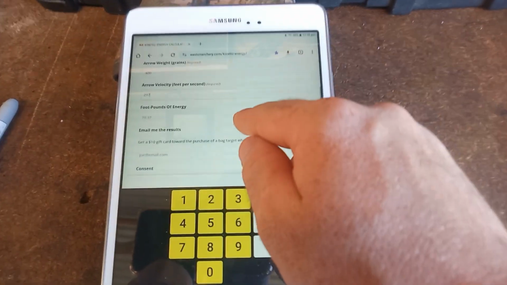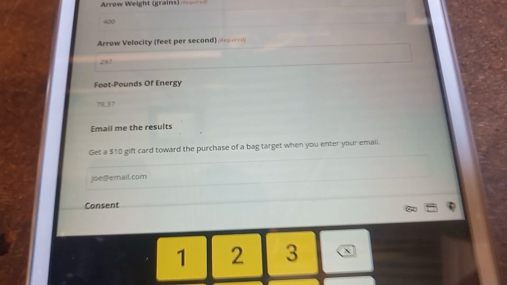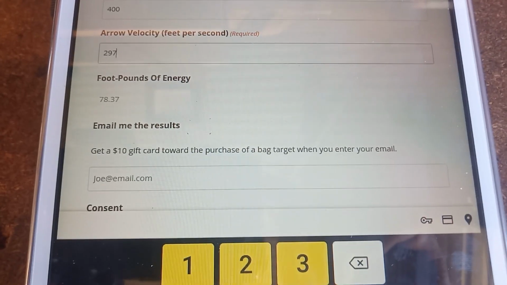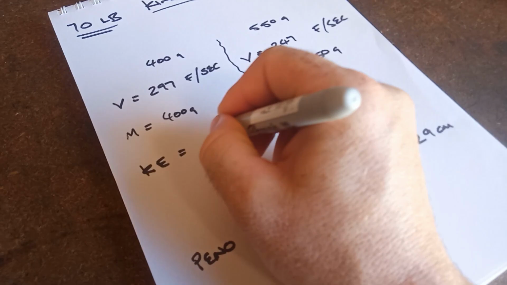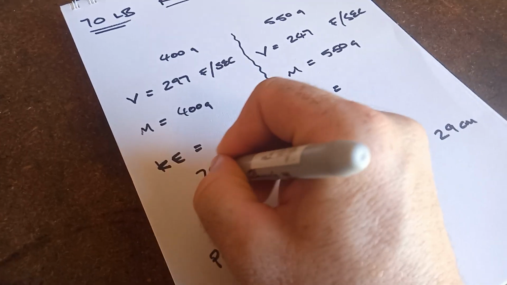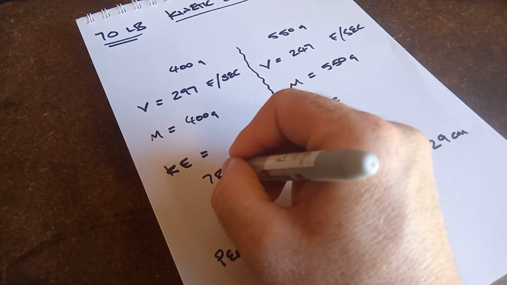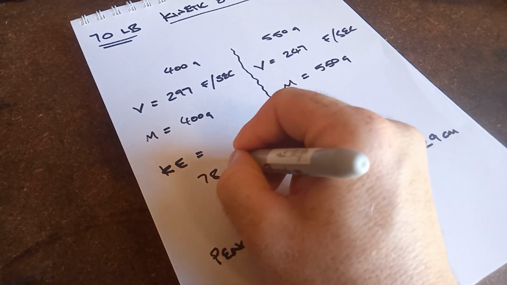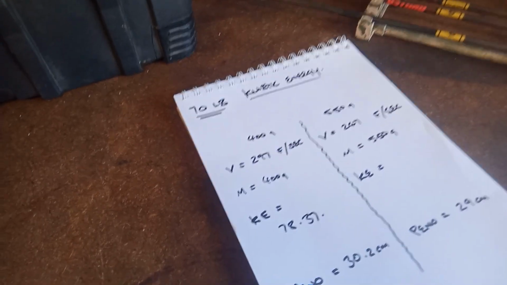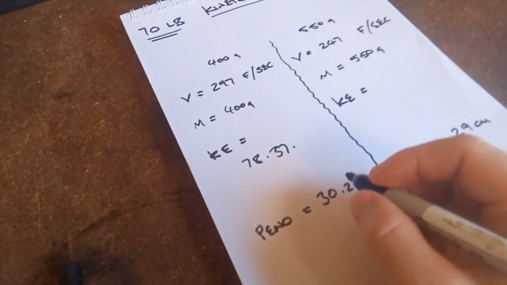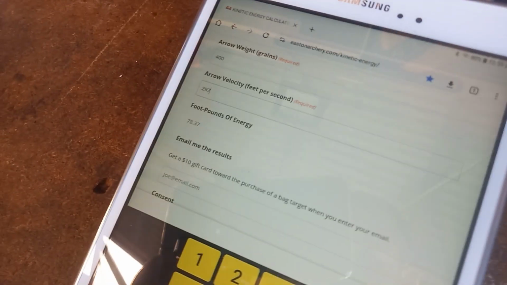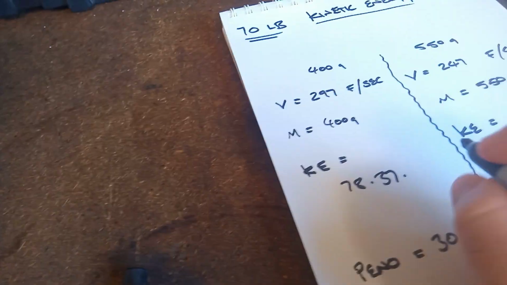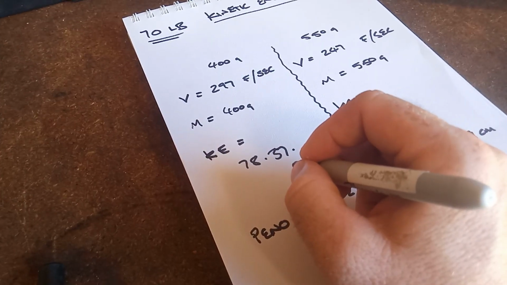Okay, and it gives us our result pretty quick there, so 78.37. And that's in foot-pounds, as it says over here. So we'll just leave it like that, 78.37.